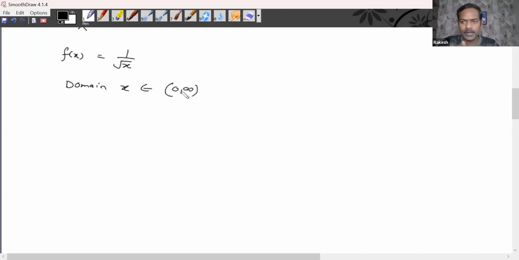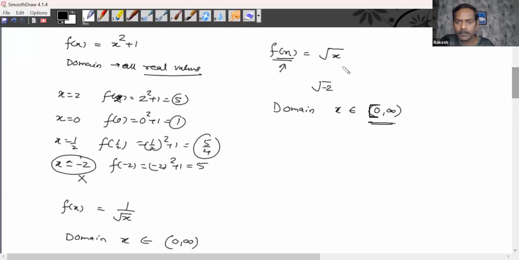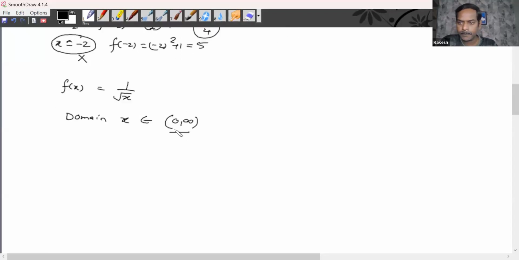We can't take 0, but we can take any positive value. 0.0001 will also do, right? Of course, negative values are discarded because it is under root. So you can see how subtly the domain changes depending on how the function is given. Right now we are not talking about the range, but we are focusing primarily on the domain, correct?